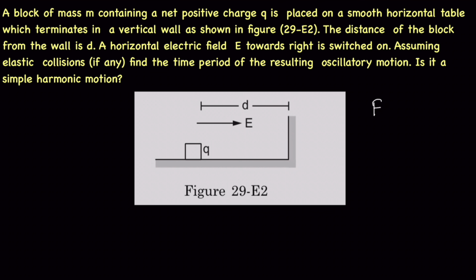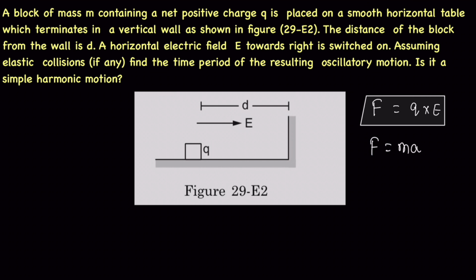So F is equal to qE, and F is equal to ma based on Newton's second law. If we equate these two relations, ma is equal to qE, so a is equal to qE by m.